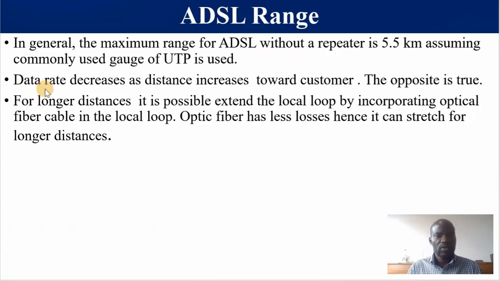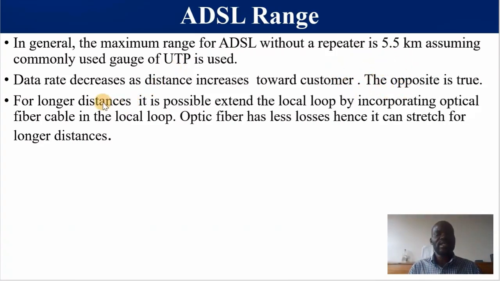Please also take note that this rate decreases as the distance increases towards the customer's premises. That is to say, the further the customer is from the exchange, the less this speed.